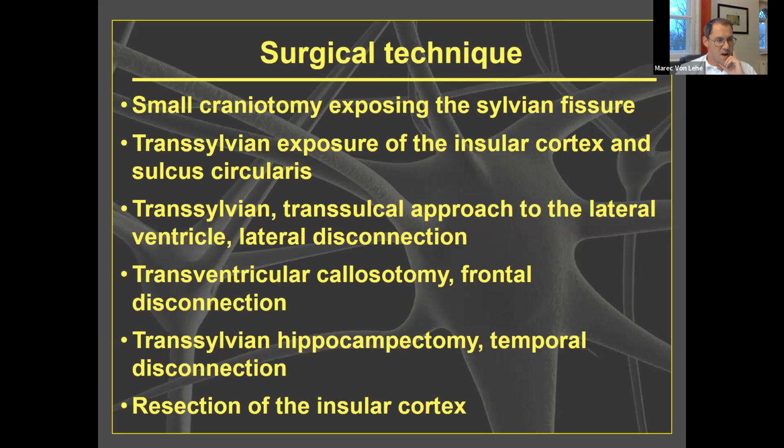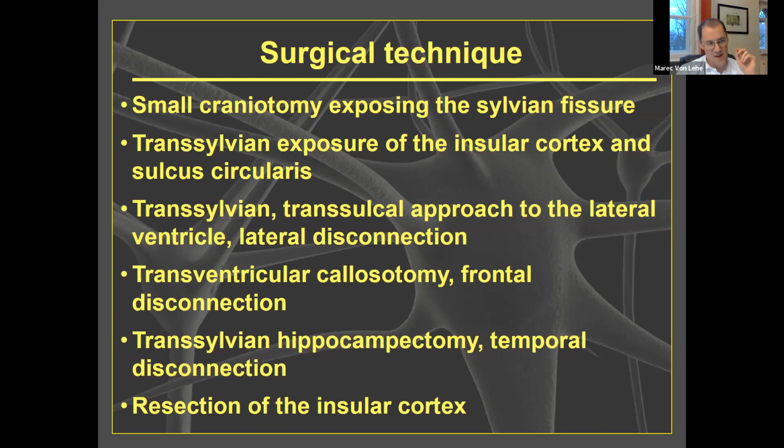From this area, from the insular cortex, we go through the sulcus circularis to the ventricle, from the ventricle through the corpus callosum, and then we are on the mesial aspect of the affected hemisphere.